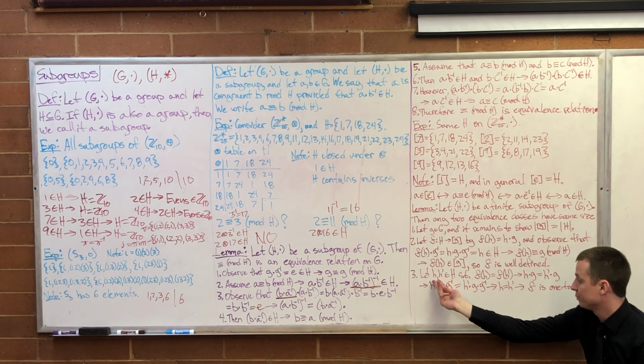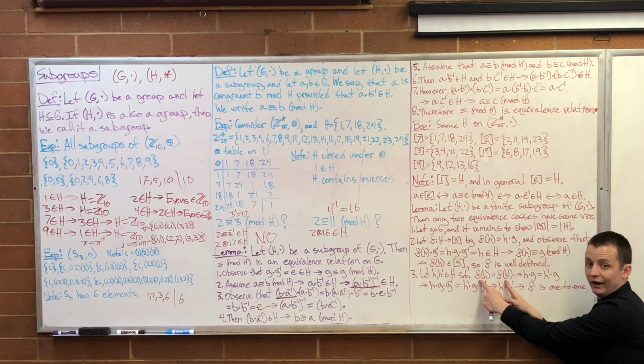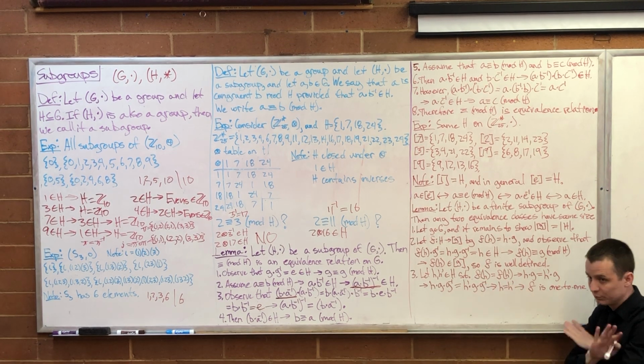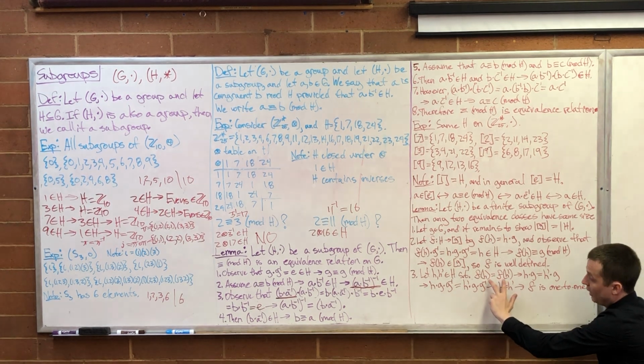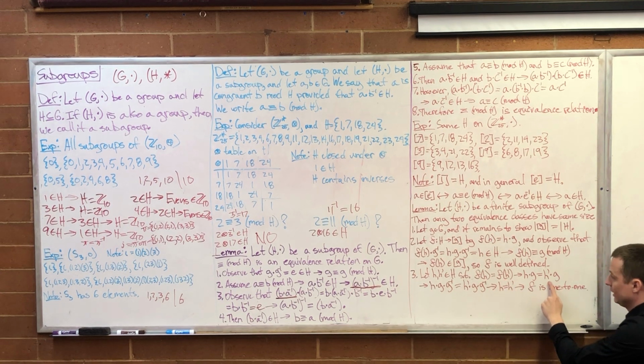So let h and h prime be two elements such that their outputs are equal. I need to show that this leads to h equaling h prime. If f of h equals f of h prime, then h better equal h prime, otherwise we're not 1-to-1. Well, f of h is h dot g. F of h prime is h prime dot g.